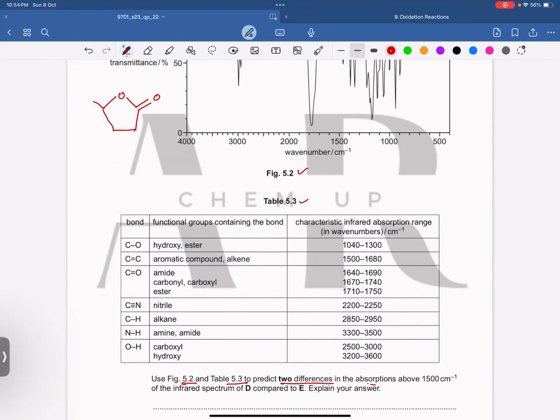Predict two differences in the absorption above 1500 centimeter inverse of the infrared spectrum of D and E. Okay, that is E. Now, if you draw D, we have an OH group here, and here we have a carboxylic acid group.